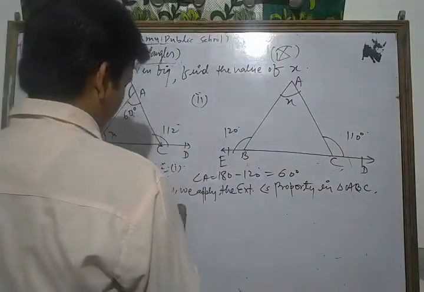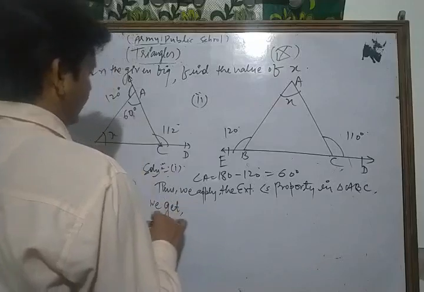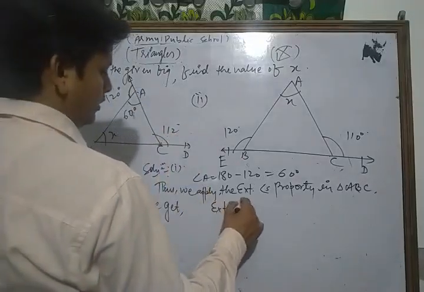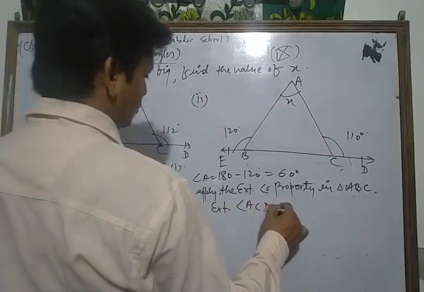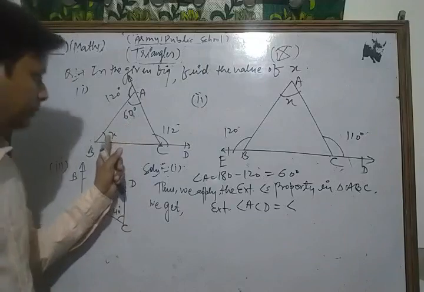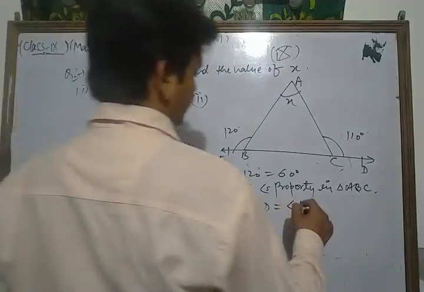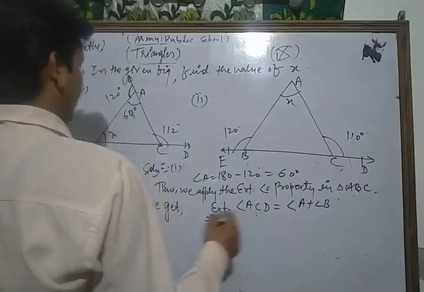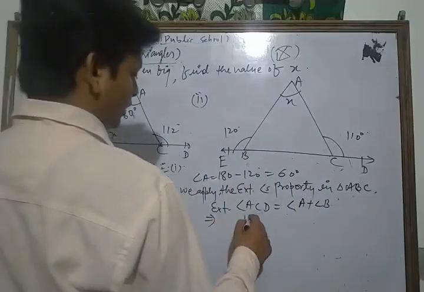We get, let's see, this is the exterior angle ACD. So exterior angle ACD is equal to sum of its two opposite interior angles, means angle A plus angle B. Okay, now exterior angle ACD is equal to 112. So here we put 112.